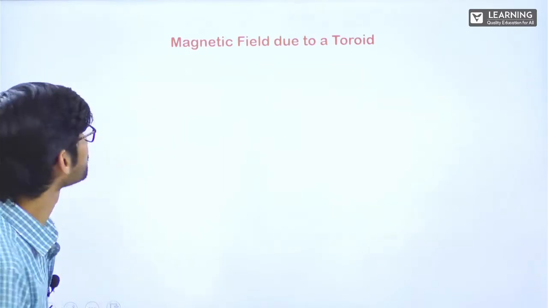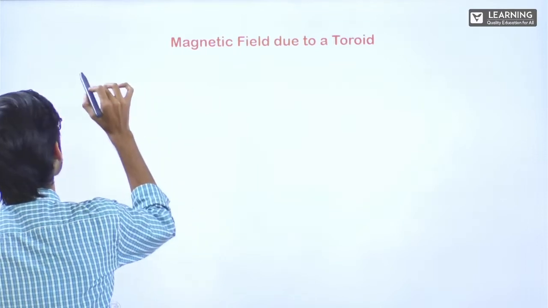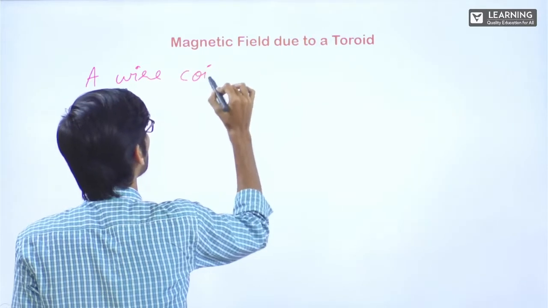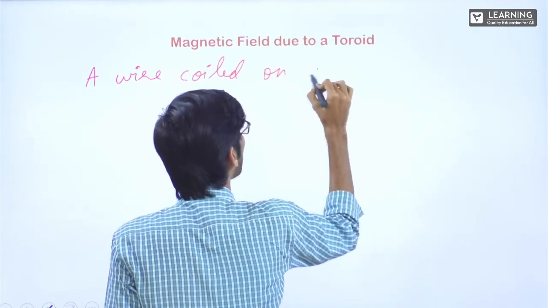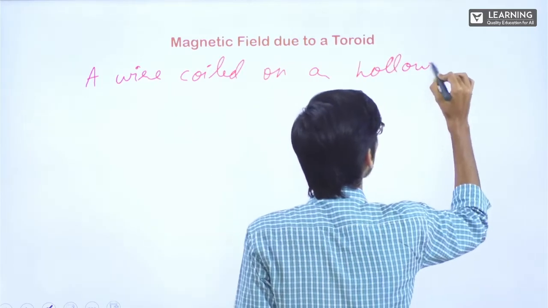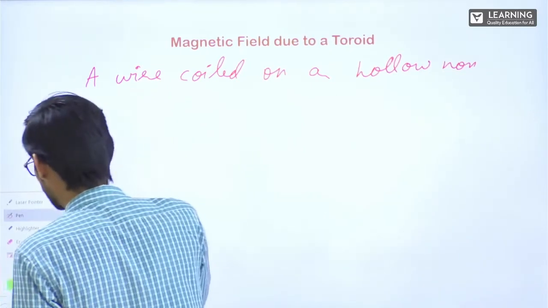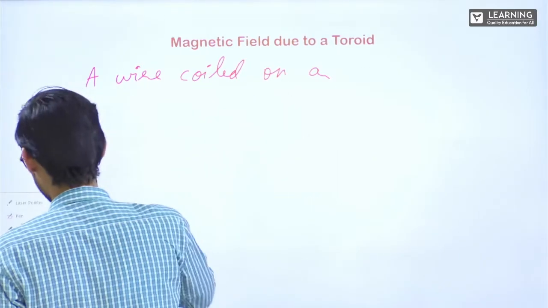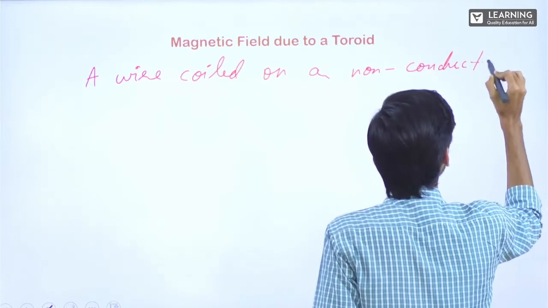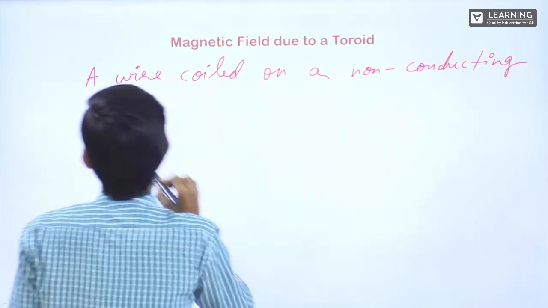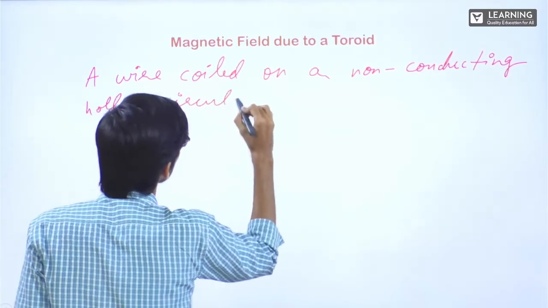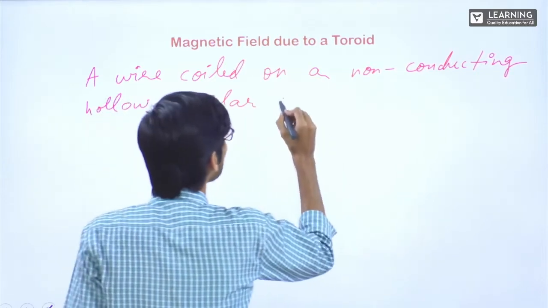Toroid is basically a wire coiled on a hollow, non-conducting, hollow circular object, anything you can say.